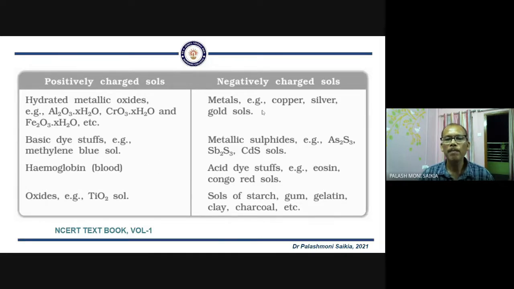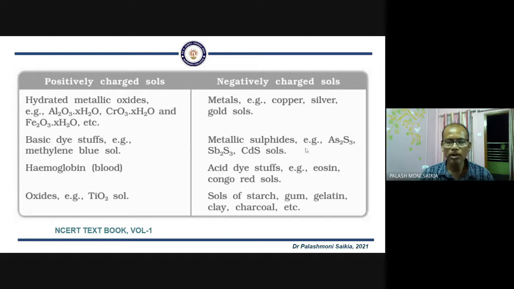Similarly, if we have any metal sol, copper sol, gold sol, silver sol, they are negatively charged. Any metal sulfide, arsenic sulfide, antimony sulfide, cadmium sulfide, they are generally negatively charged. Any acid dyes, the famous Congo red dye, they readily lose protons, so they acquire negative charge.